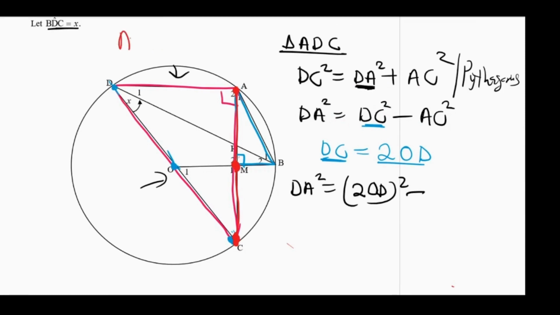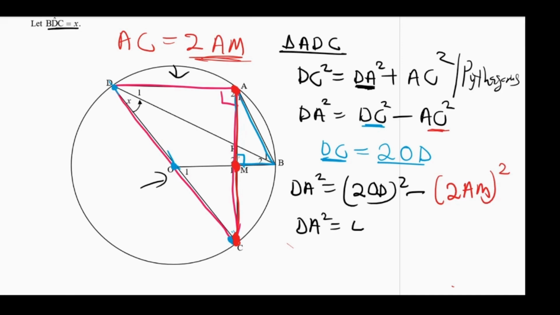So AC, the entire distance from A to C, is actually twice AM also. So where we see AC, we're going to put twice AM. So it's going to be minus twice AM all squared, right? So we're going to have DA squared is equal to 4OD squared minus 4AM squared.